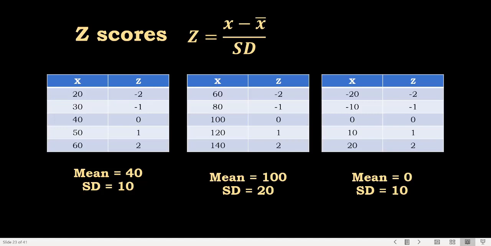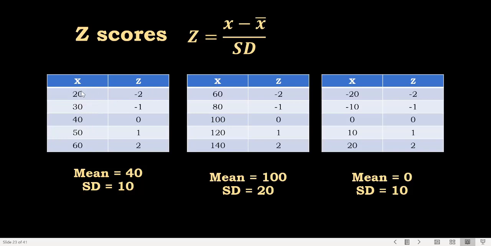So if we've got a sample of values, and the first table is showing only 5 of them, but there are more values in this sample, I'm showing only these 5 for illustration. The mean of that sample is 40, standard deviation is 10, so the equivalent z-score for each of these x-scores is as follows.